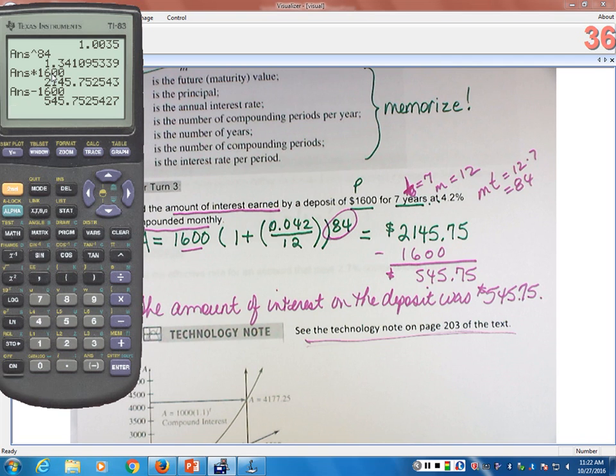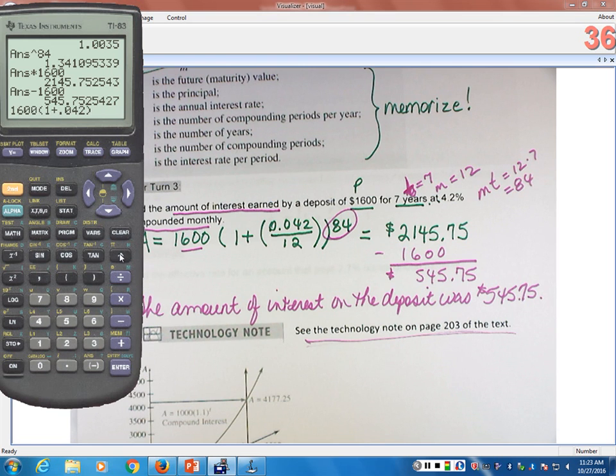If you only did this exact same problem and it was only compounded yearly, I'm going to show you what the difference in the answer would be. If you took 1,600 times 1 plus the interest rate, 4.2%, so that's 0.042. Which, you say, well, hey, that's a lot bigger interest rate than 0.042 over 12, and yes, it is. But here's what makes the difference.